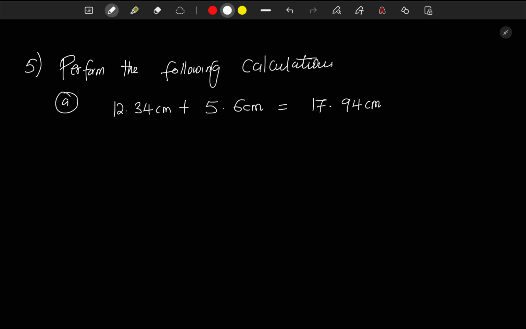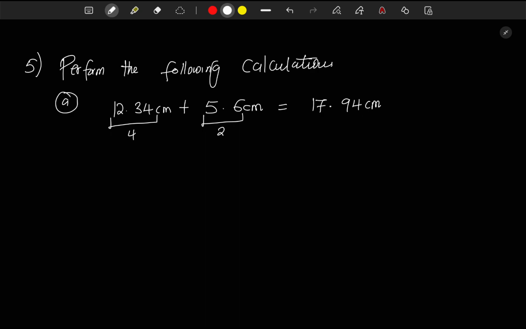No, it's not correct. Why? Anytime that you are adding numbers with different significant figures, this one has got how many significant figures? 4. This one has got how many? 2. You consider the number of decimal places.